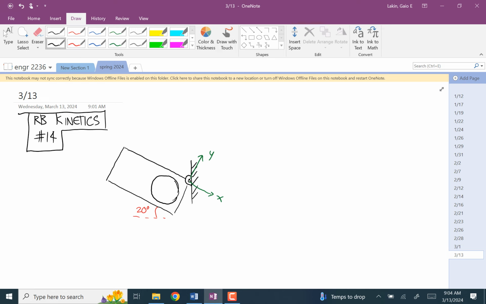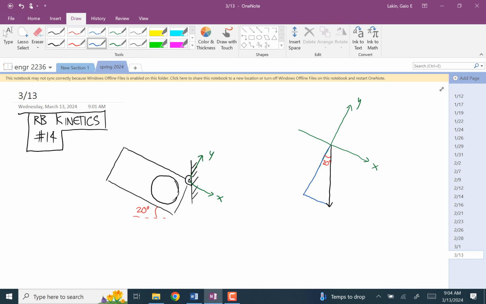So if this is the coordinate system, the weight force is this, where this angle is 20 degrees. And so the components in the coordinate system are going to be these two things.